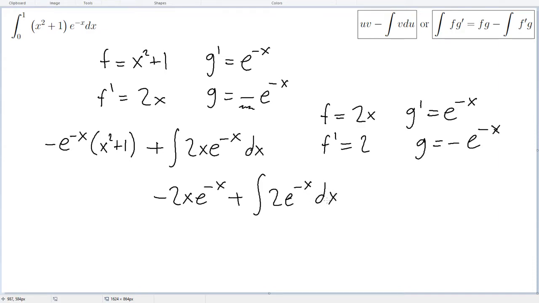And this is a very simple integral. This is pretty much just negative 2e to the negative x, right? So let me just write that down.